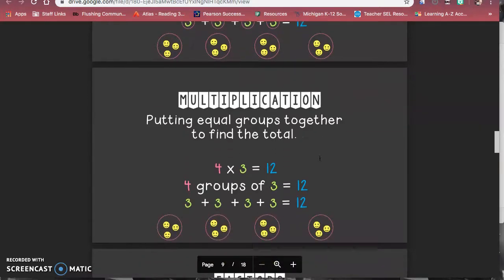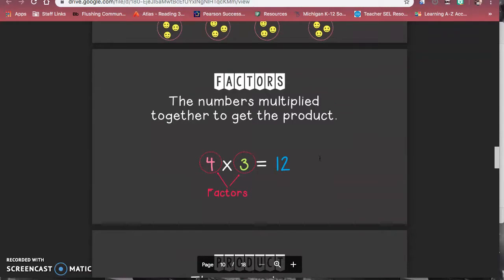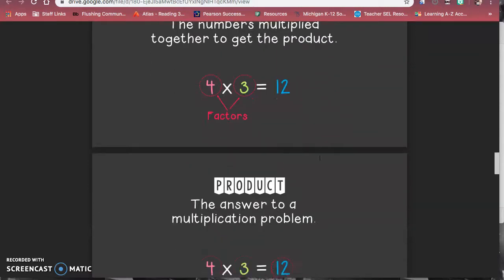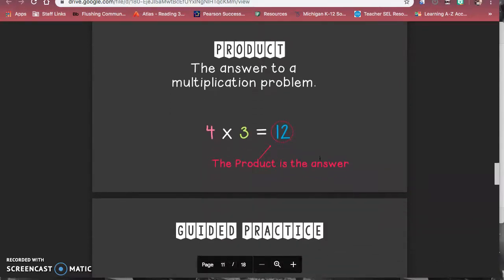And then telling them what is multiplication. It's putting equal groups together to find out the total. Introducing new vocabulary: factors, the numbers being multiplied. The product is the answer to a multiplication problem. And then that's it for day 1.